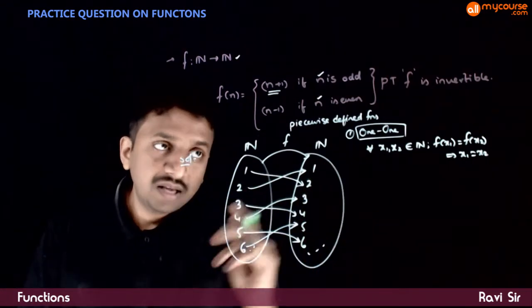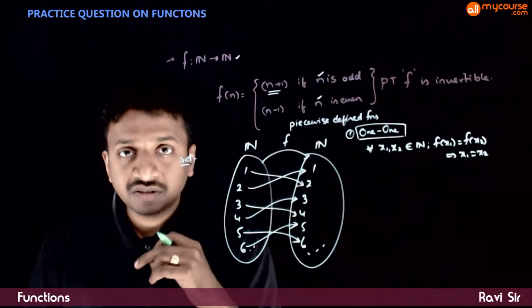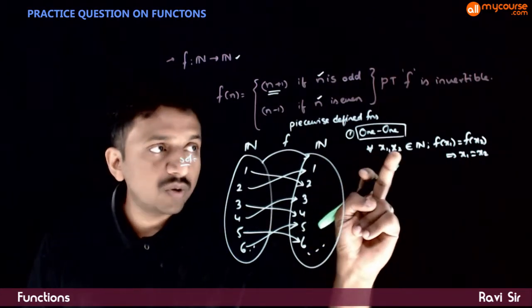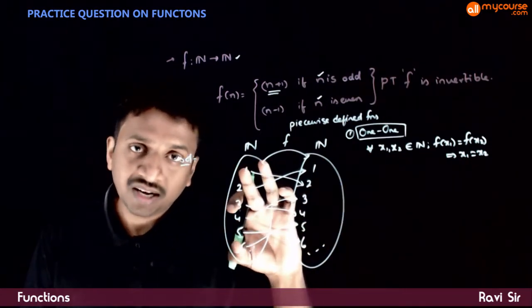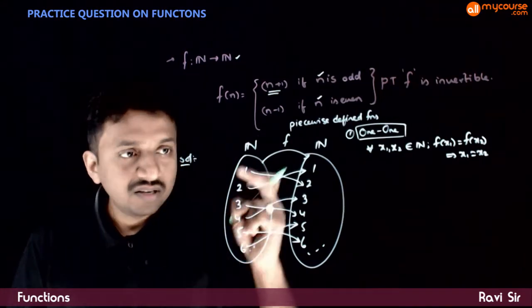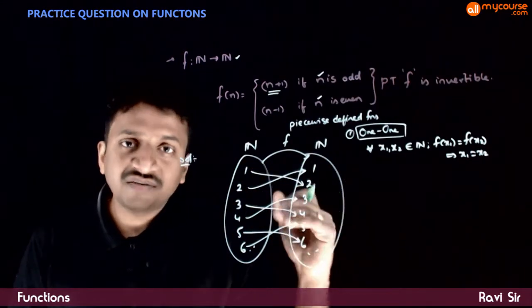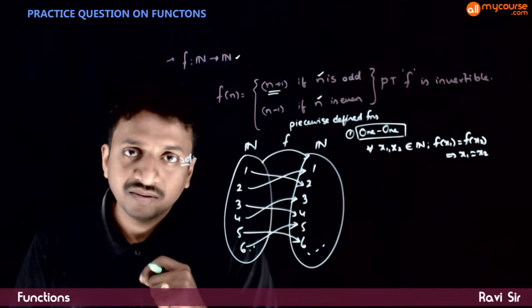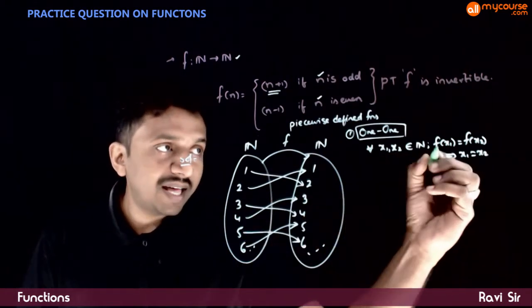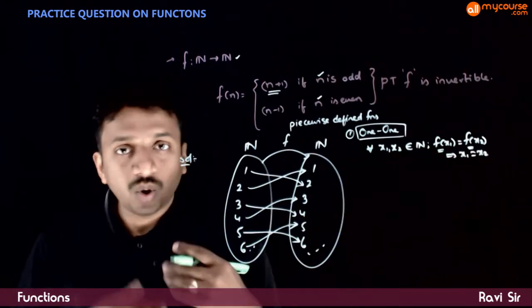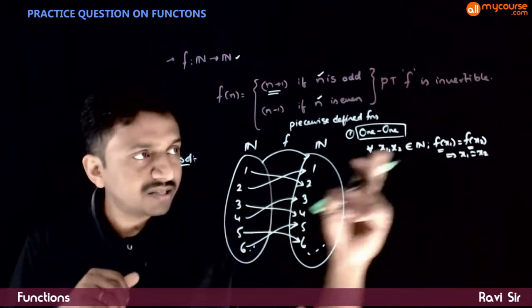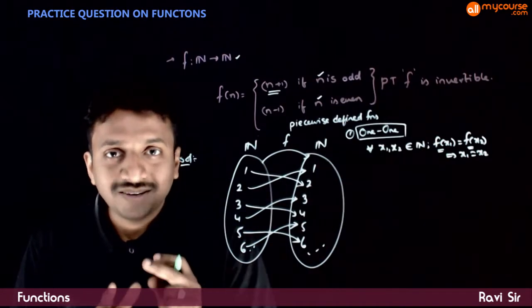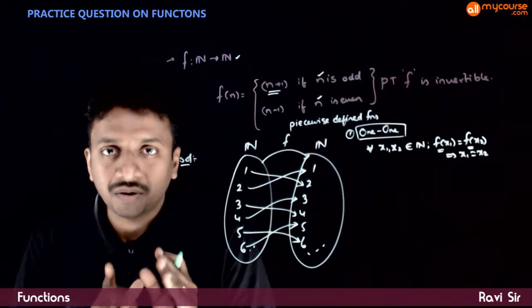Now, here you have a piecewise definition. So if you assume x1, x2 in the set of natural numbers, different elements might have different definitions. So you cannot directly write what f of x1 and f of x2 are, because f(x1) and f(x2) depend on whether the number is even or odd.